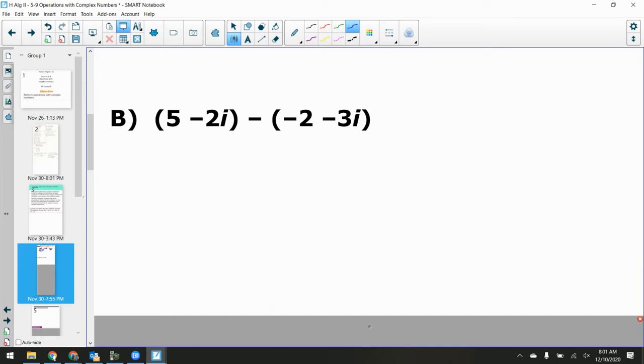So if I want to do subtraction, 5 minus 2i minus -2 minus 3i, I think the best route to take, since there's a minus sign, and again, we see complex minus another complex, is to distribute in the negative. 5 minus 2i plus 2 plus 3i.